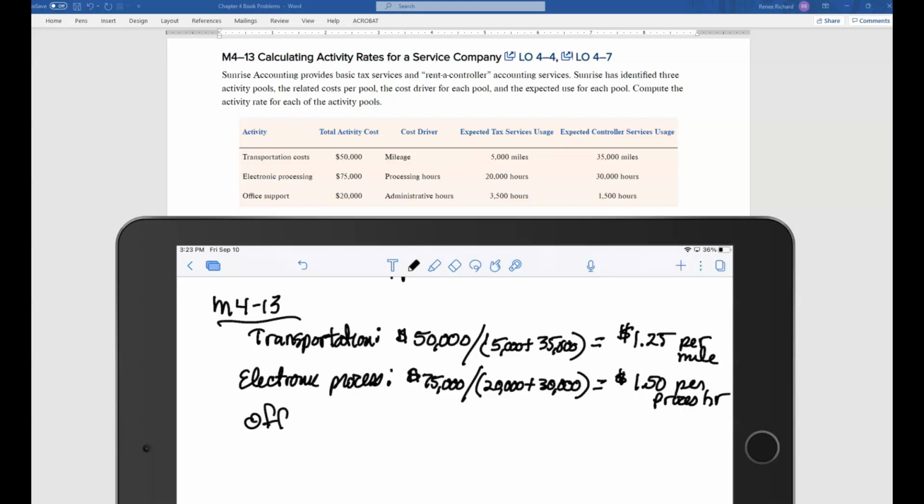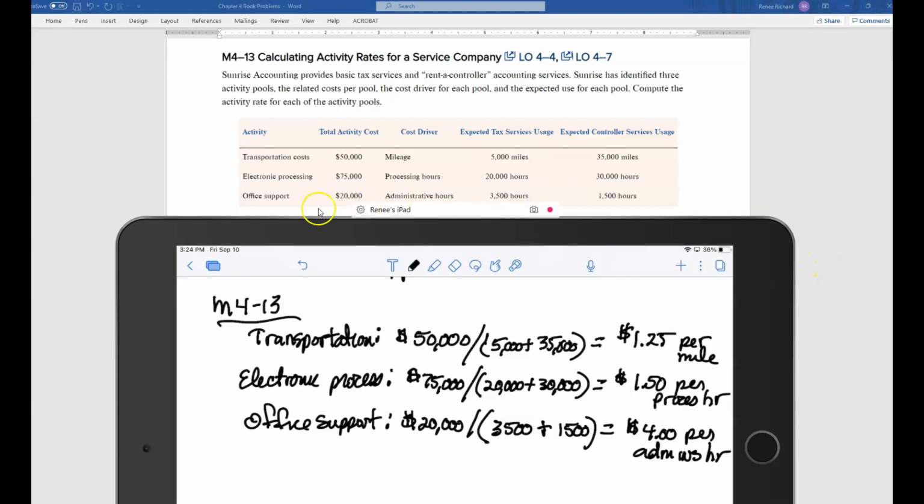Office support. Total cost of $20,000 divided by 3,500 hours plus 1,500 hours equals $4 per administrative hour.